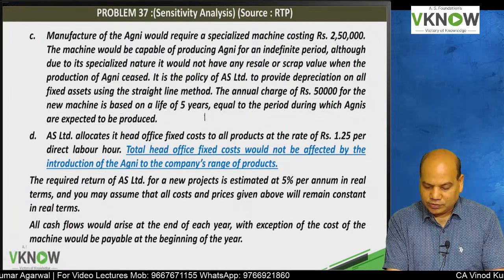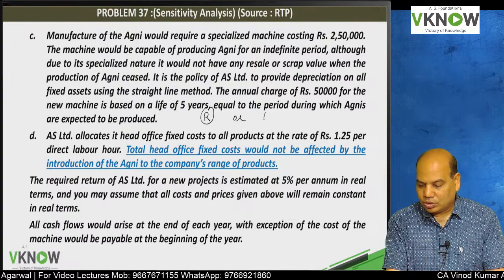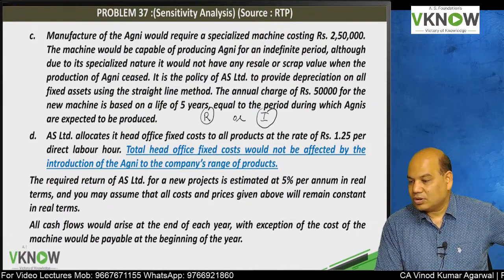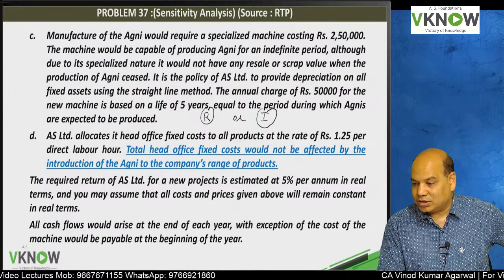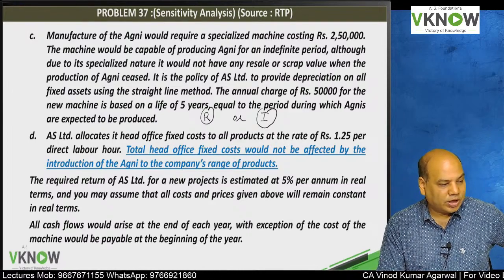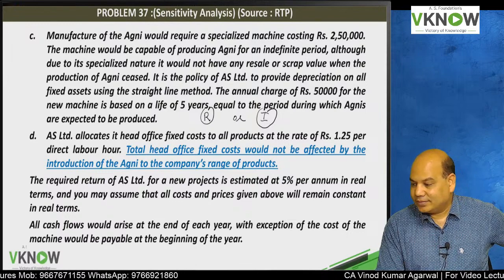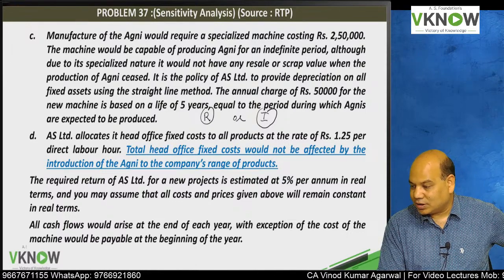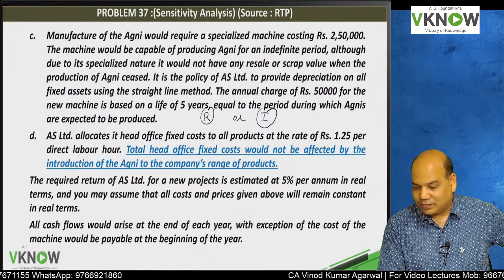Again my question is, relevant or irrelevant? Depreciation. Come on, quickly. You don't have to think. I am not asking you a formula to develop rocket science. So the student is saying relevant.